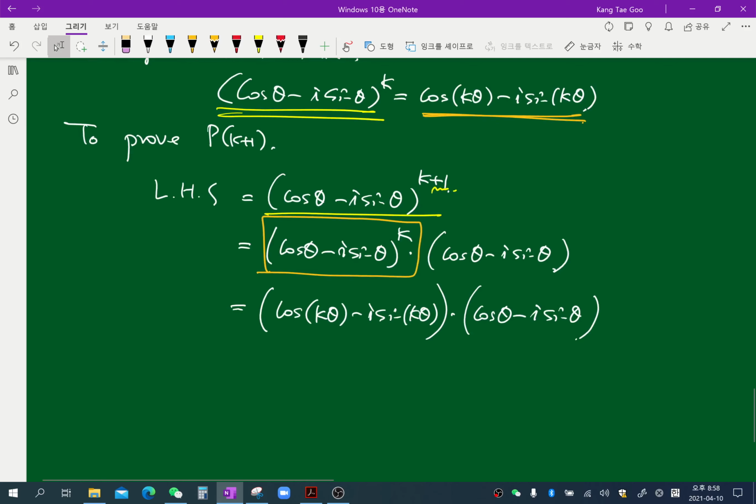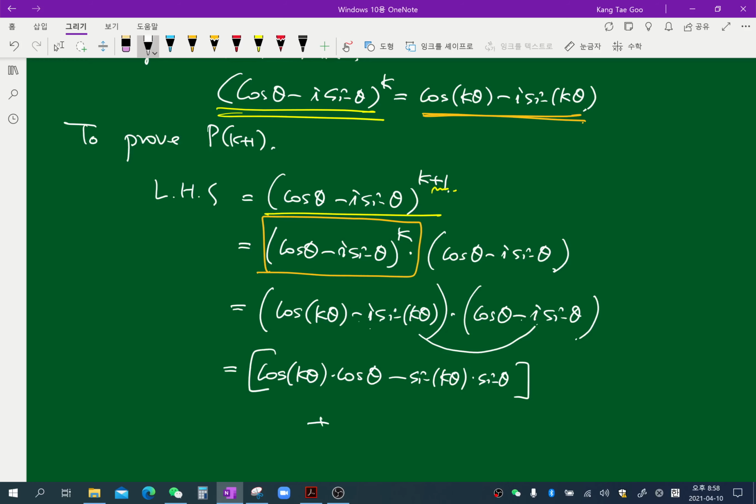After that, we expand this. Cosine k theta times cosine theta minus, I multiply these two, i times i is minus 1, so there is minus sine k theta sine theta. This is the real part.